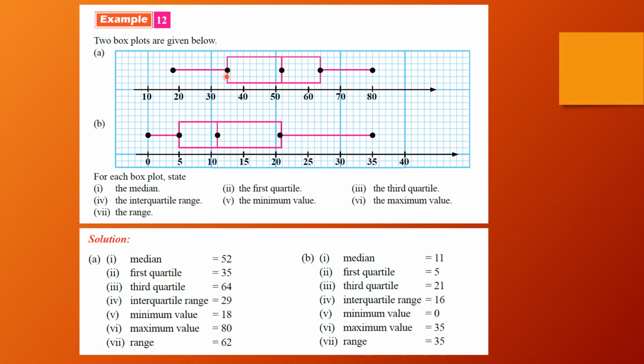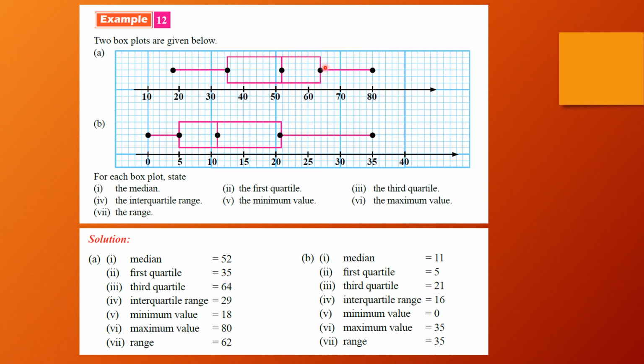Then the first quartile, this is the first quartile. Make sure you know how to read 30, 32, 34, 36. But this dot is at the center of 34 and 36, so it will become 35. So the first quartile is 35.